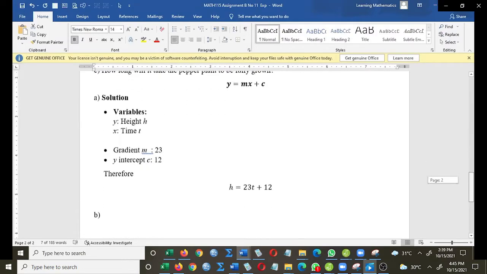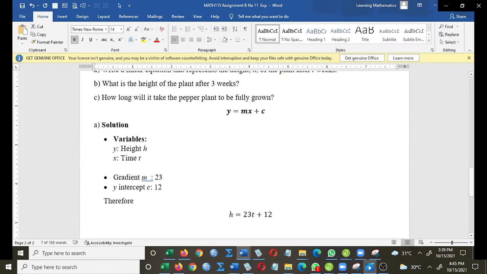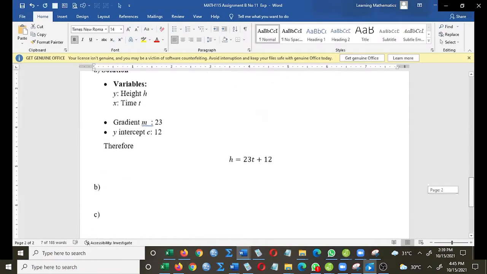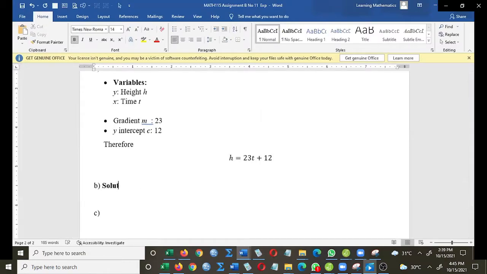But part B says, what is the height of the plant after 3 weeks? Can anybody share with us how we would answer a question like that? How would you begin a question like that? If you have to make some observations, what would you write down as an observation?